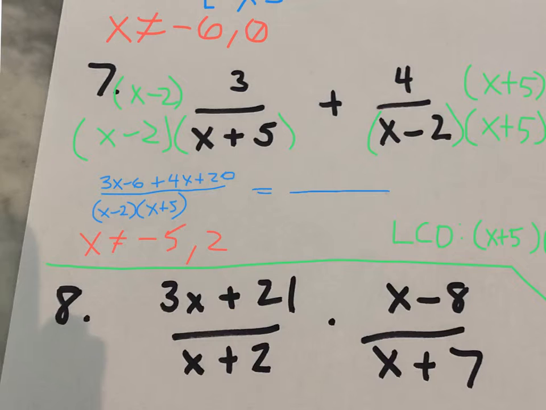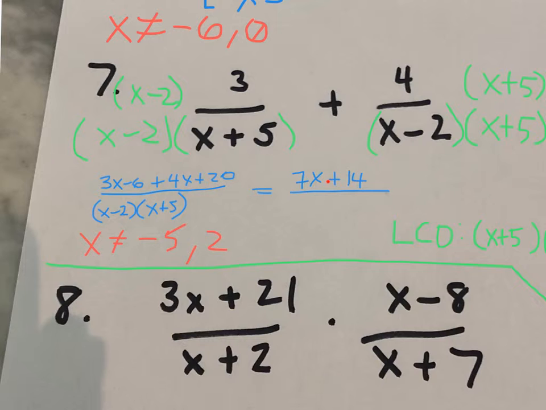Now, let's see, simplifying the top, we have 7x plus 14. And I can see already that this would factor into 7 times x plus 2, which would not cancel the x minus 2.